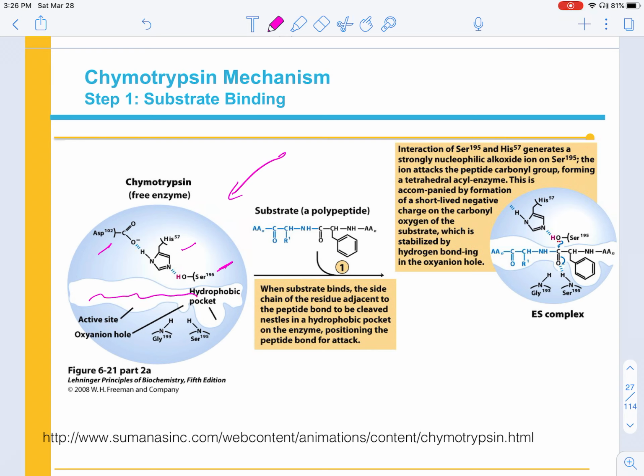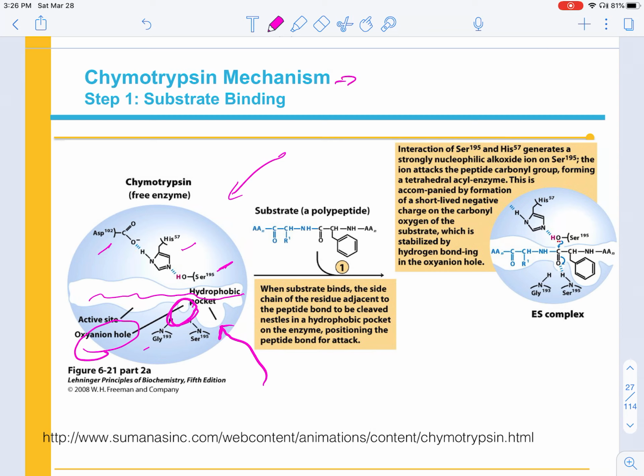This is the active site here, and there are a couple of other important features. There is an oxygen anion hole, a place that helps stabilize some of the oxygen anions that are going to be formed in the process of this activity. And then there is a hydrophobic pocket. We will see that this pocket is necessary for the specificity of chymotrypsin.